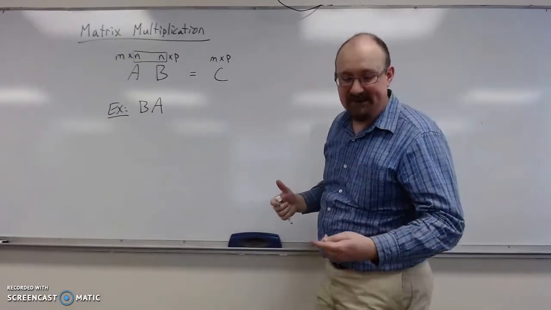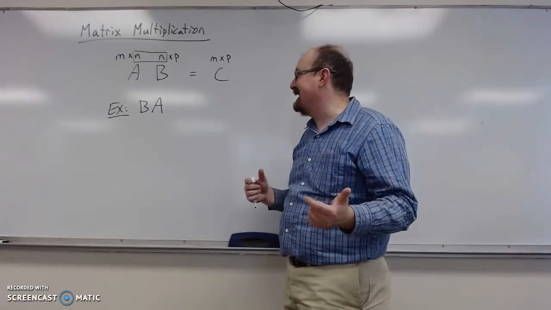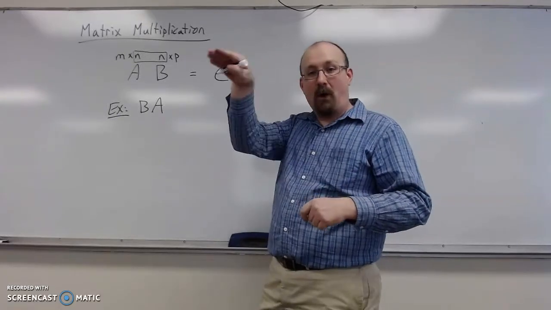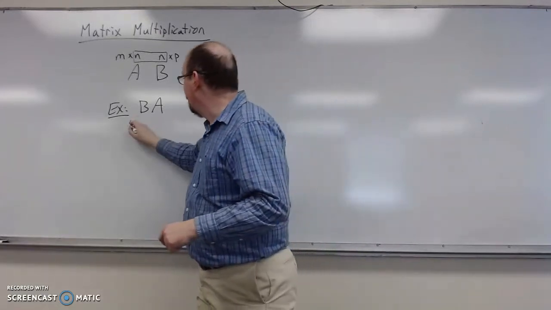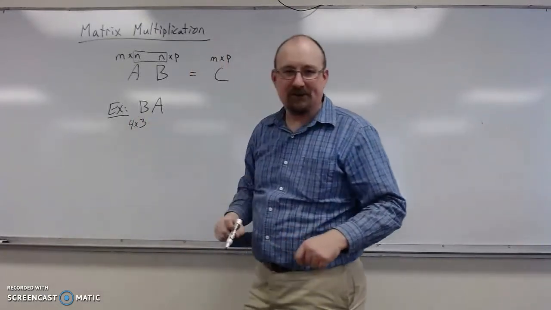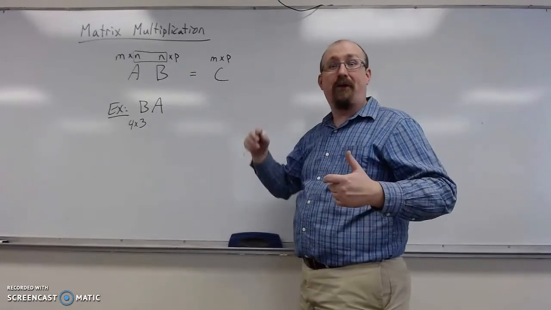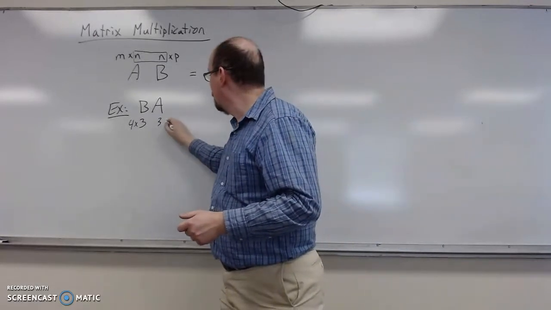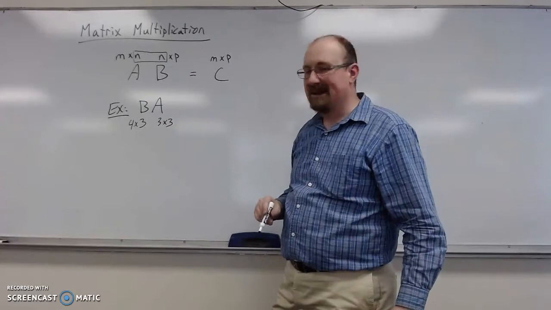All right, so hopefully you can look at the matrices and determine the sizes that go into this. Looking at B, it's got 4 horizontal rows and 3 vertical columns. So that's a 4 by 3 matrix. A is a square matrix with 3 rows and 3 columns. So that is how these things line up.